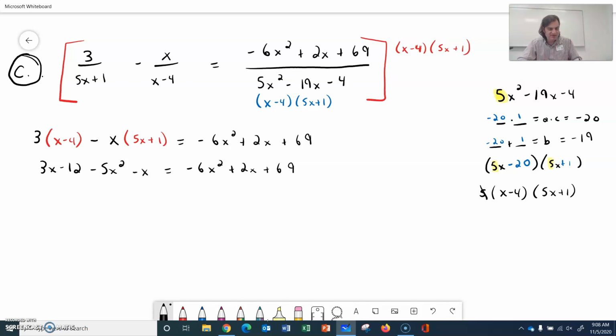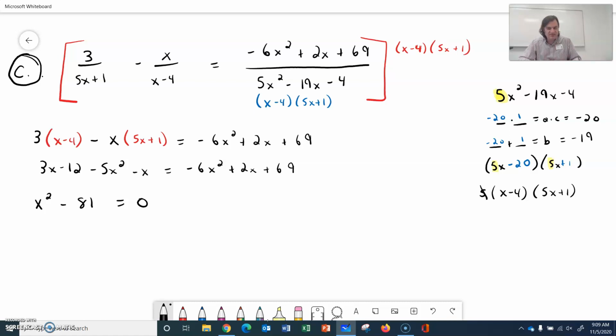So I'm going to add 6x squared to both sides, which leaves me x squared on the left. On the left, I have 2x when I combine those, and I have 2x on the right, so they'll cancel out. And then on the left I have negative 12. I'm going to subtract 69, so I think that's negative 81. So I bring everything to the left, and I have x squared minus 81.